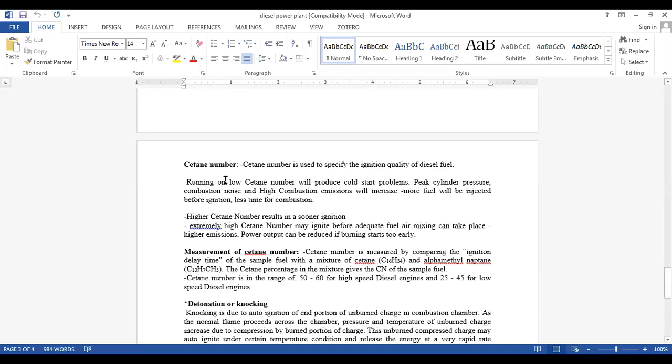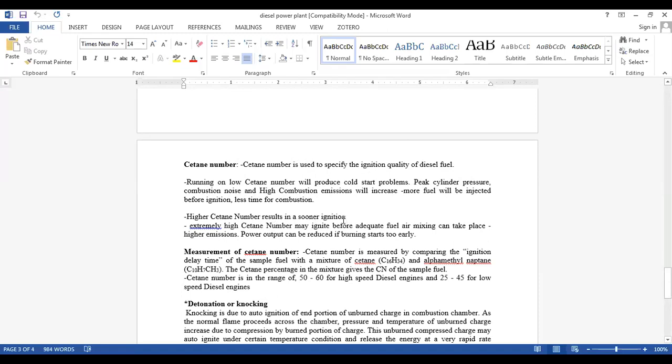Running on a low cetane number will produce cold start problems, peak cylinder pressure, combustion noise, and high combustion. So these are some of the problems if the cetane number is low. And if the cetane number is very high, it results in sooner ignition.